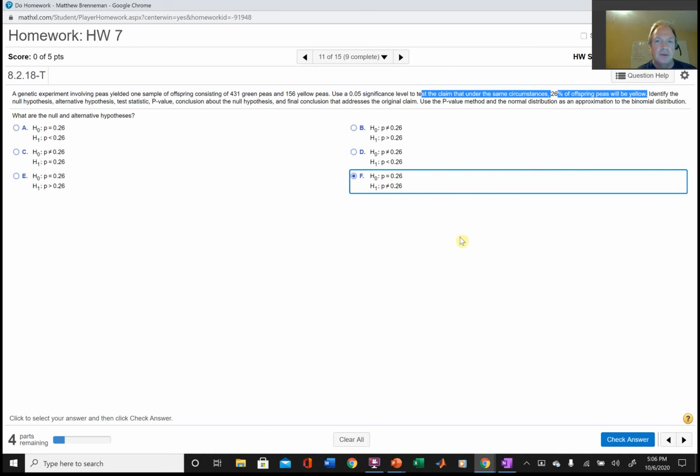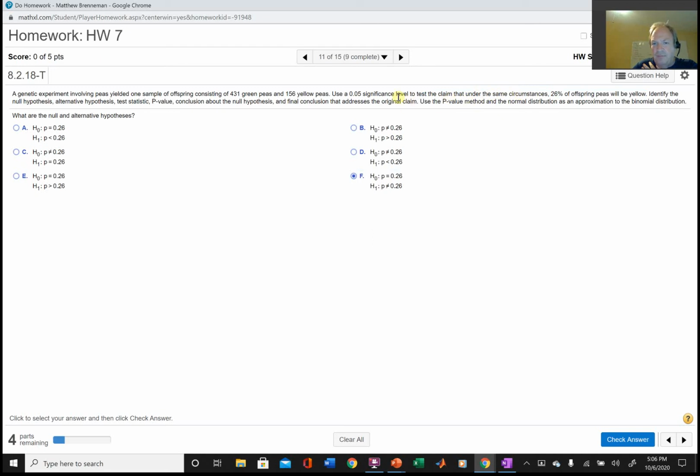And again, you really do have to puzzle through this, because we just got through saying that when you're not testing a manufacturer's claim, it's the opposite of the claim in the problem. But notice here, the research claim is that under certain circumstances 26% will be yellow. Well, equals always goes with a null. And since there's no language suggesting it's greater than or less than, we're going to have to choose not equal to.